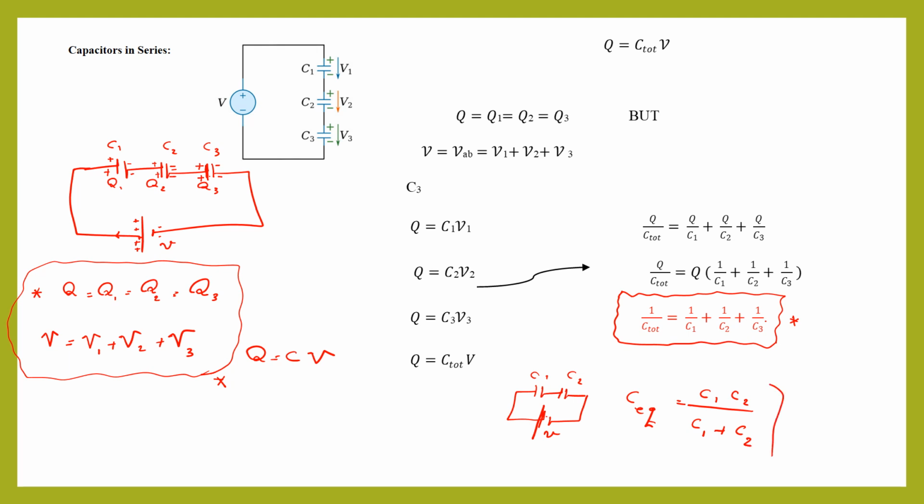For two capacitors, we can use this equation, everybody. But pay attention, here you directly derive C equivalent, but here you derive 1 over C equivalent or C total.